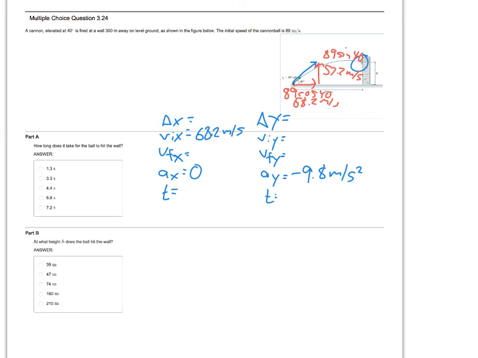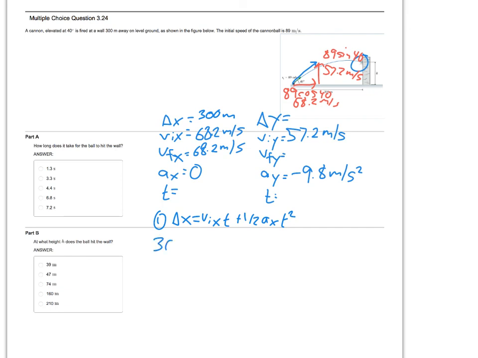And so those become my initial velocities in the x direction, also my final in the x, and my initial velocity in the y. The last thing I know is my horizontal displacement. Distance to the wall is 300 meters, so I can put that in for delta x. I'm going to go ahead and start with my x side and use that to solve for my time that it's in the air.